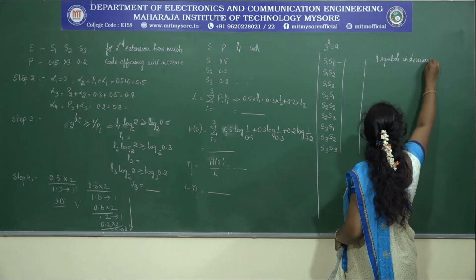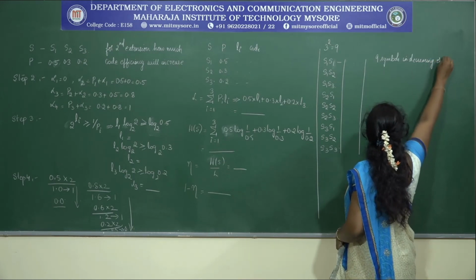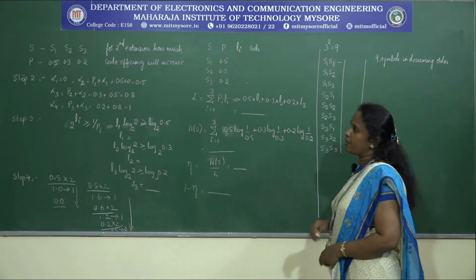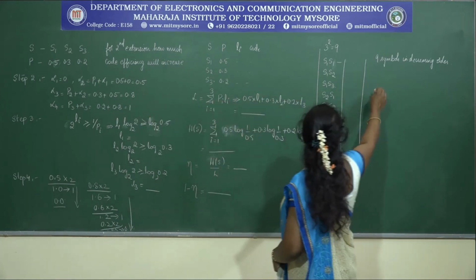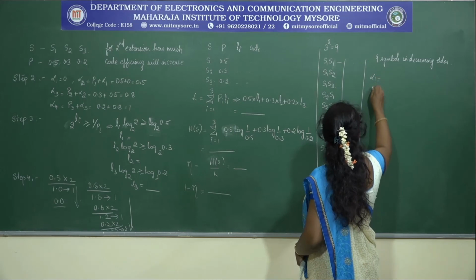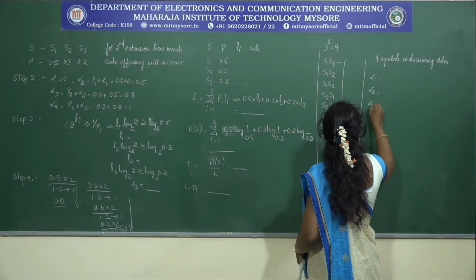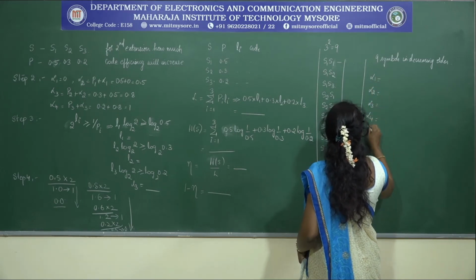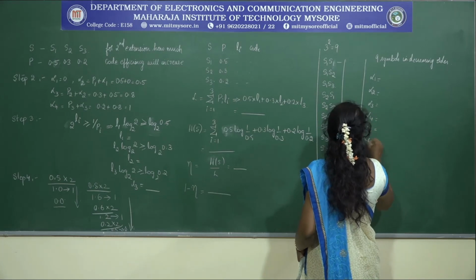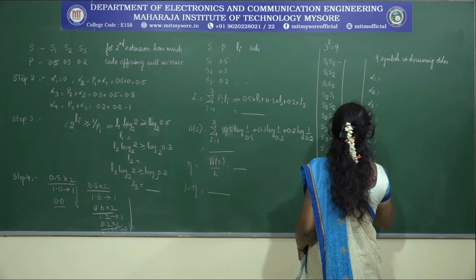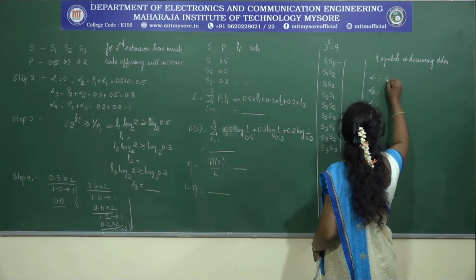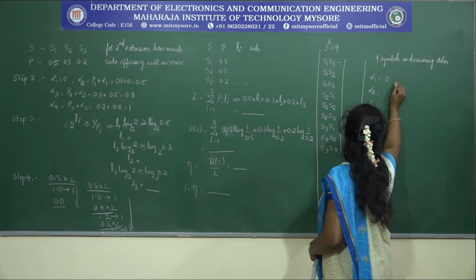Once you arrange them in decreasing order, next you need to find the sequences, that is alpha 1, alpha 2, alpha 3, alpha 4, alpha 5, 6, 7, 8 as well as 9. So alpha 1 is by default 0.